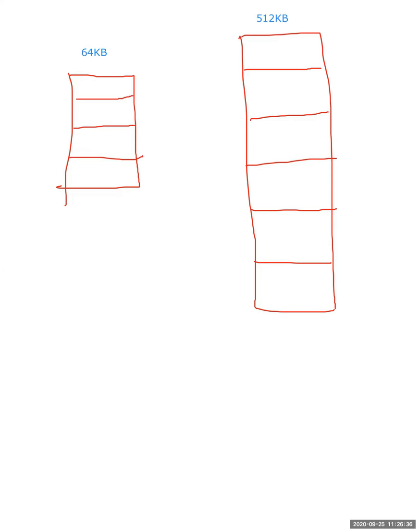Okay, so what I want to do is let's maybe take smaller numbers for the caches so that we can discuss more easily.